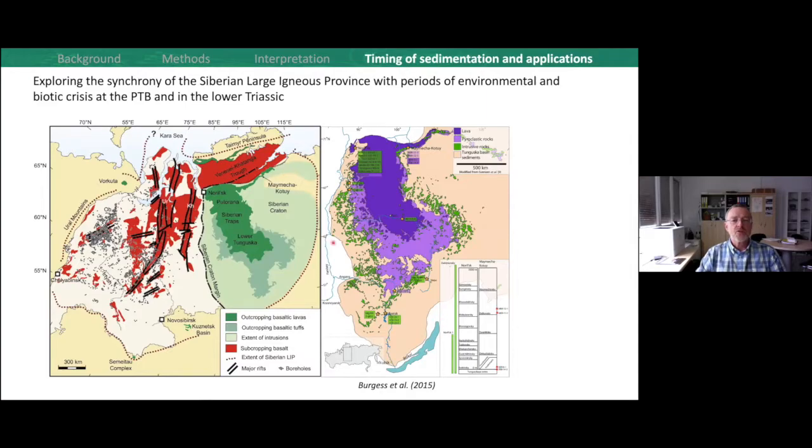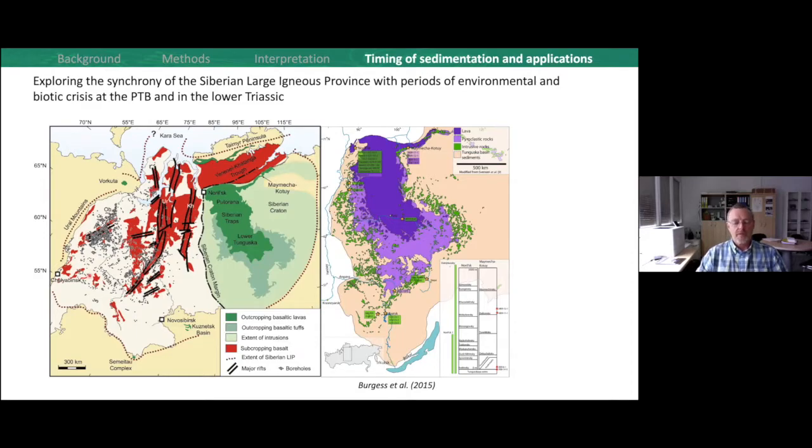So this is a huge large igneous province. This is the part of basalts which is outcropping, lavas and tuffs, and this is the part which is subcropping. So there are thousands of drill cores. And these are 300 kilometers, so you can calculate how many millions of square kilometers this is.